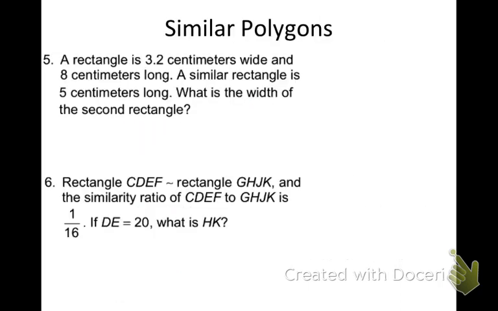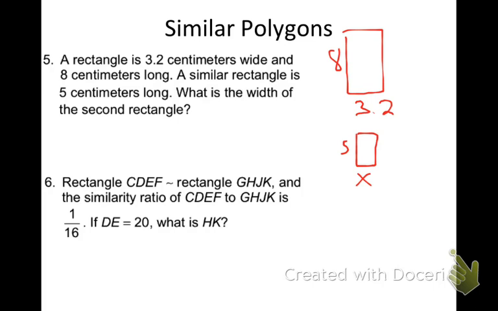Number 5, a rectangle is 3.2 centimeters wide. So I have a rectangle here. It's 3.2 centimeters wide and 8 centimeters long. A similar rectangle is 5 centimeters long. What is the width of the second rectangle? Well, give me a proportion you would use to set this up.